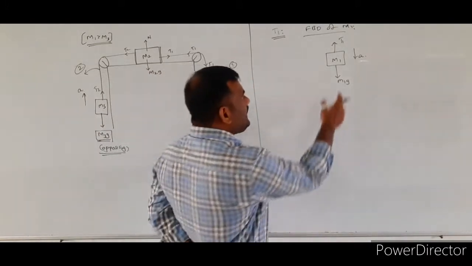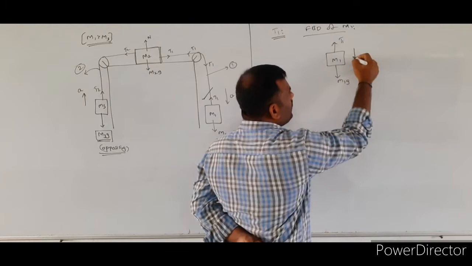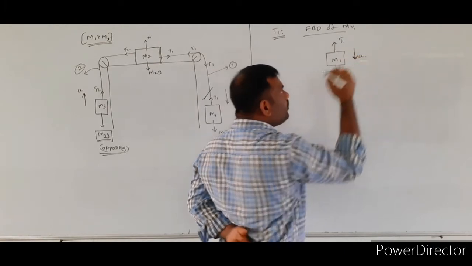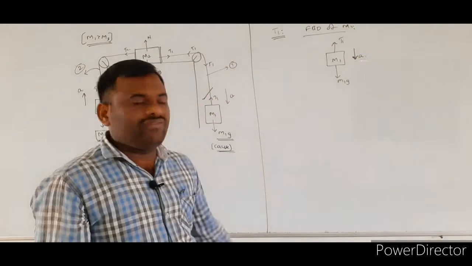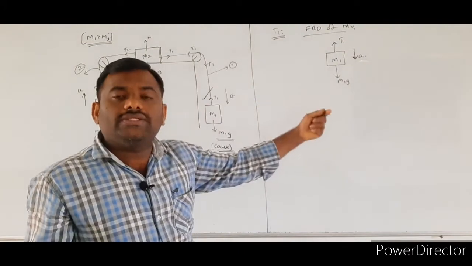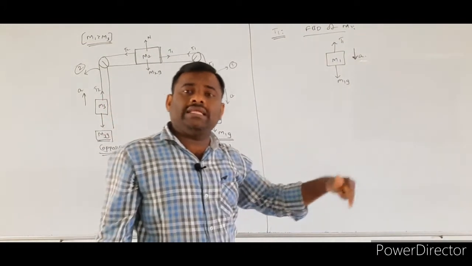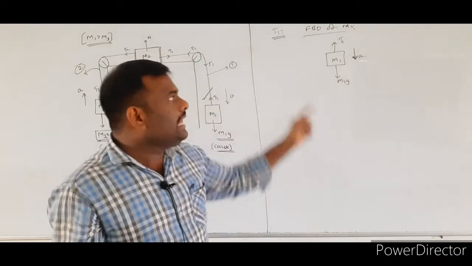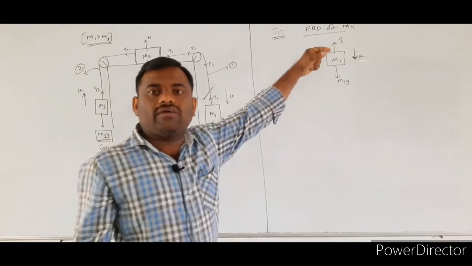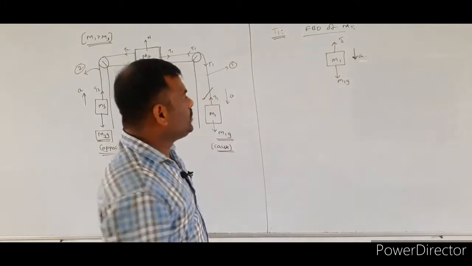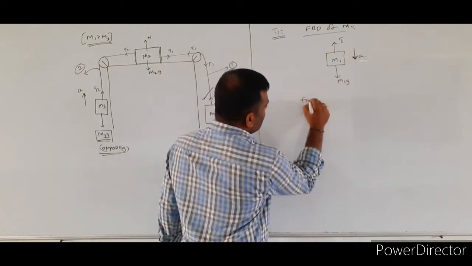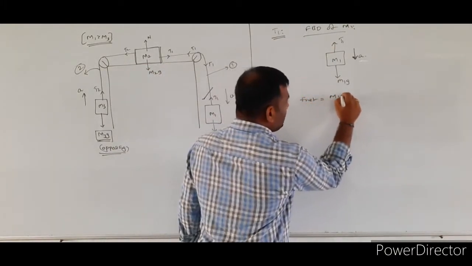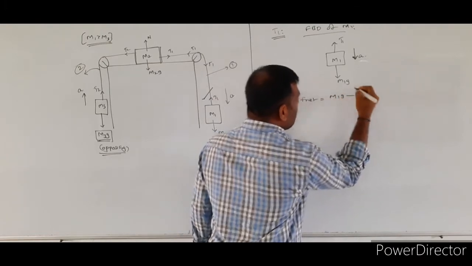Here the actual motion of the block M1 is in the downward direction. When the motion of the object is in the downward direction, the downward force must be greater than the upward force; only then will the block move downward. So the net force acting on the block is the downward force minus the upward force.